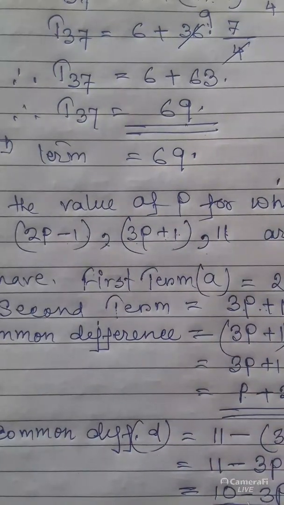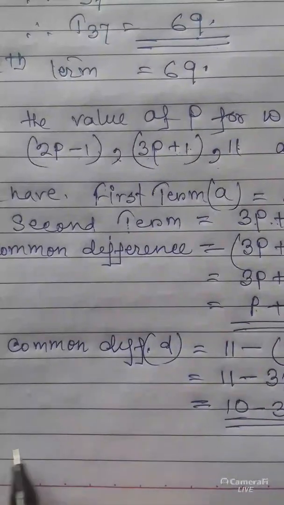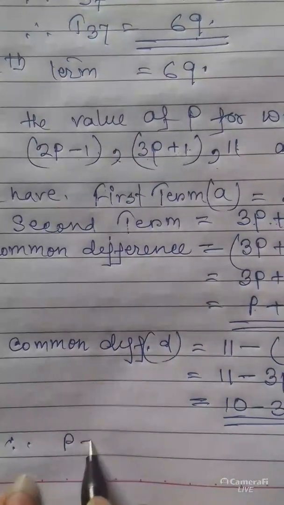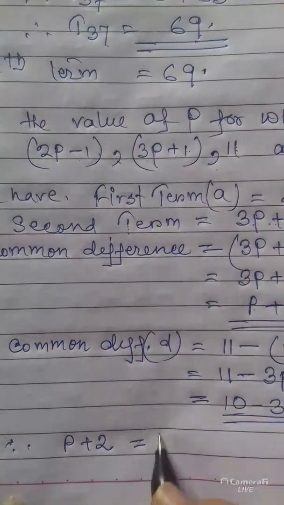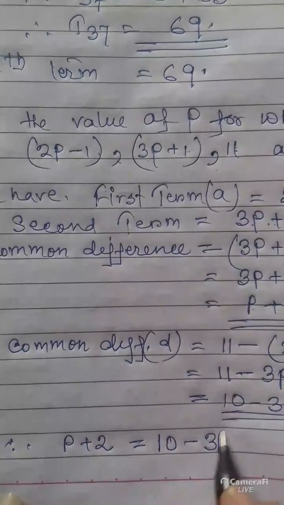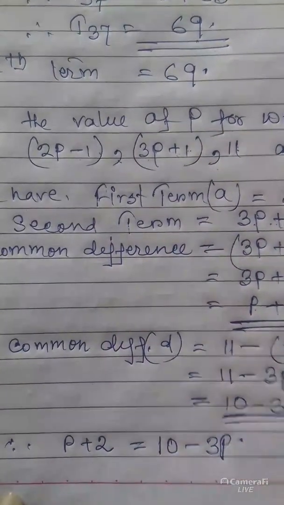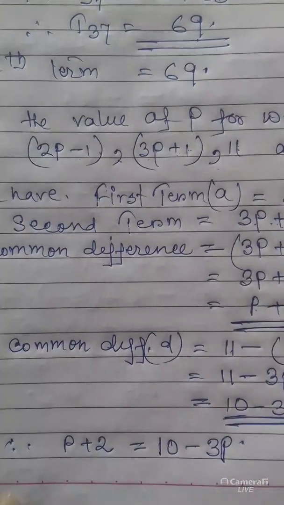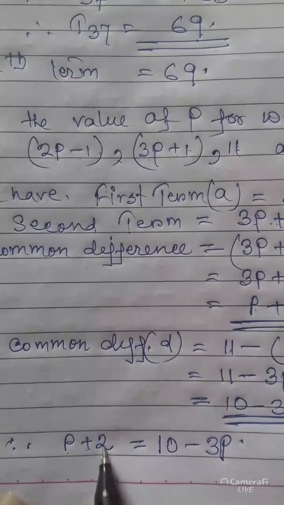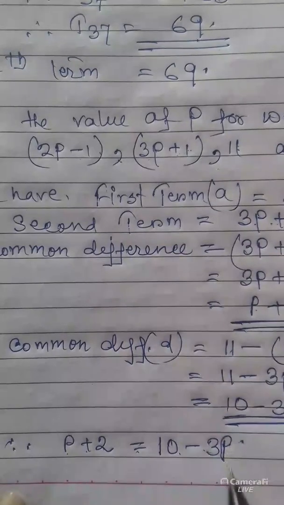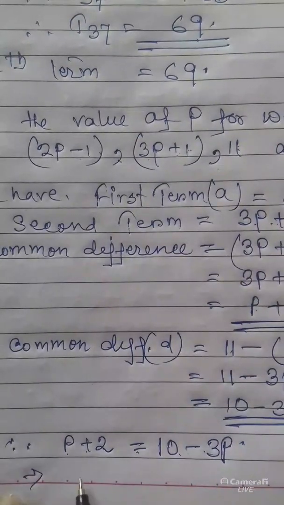Now in AP, common differences are constant. So we can write P plus 2 equal to 10 minus 3P. Both are common difference. P plus 2 is a common difference and 10 minus 3P is also a common difference. Now calculate it.